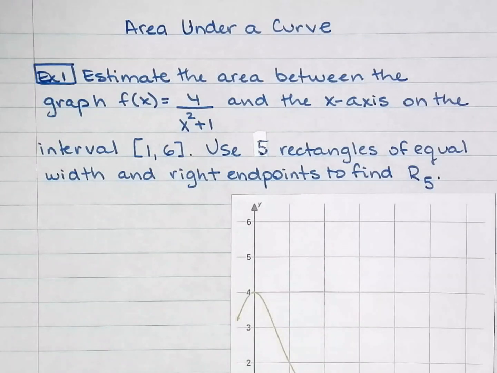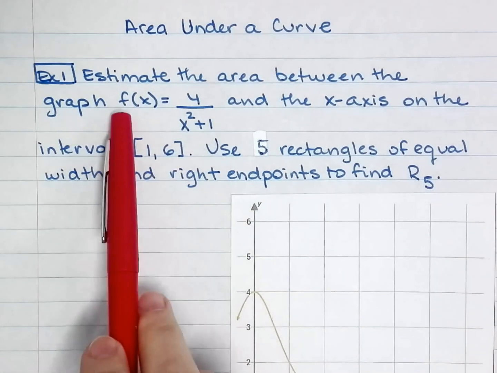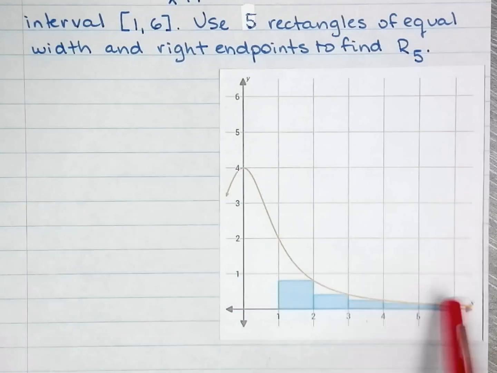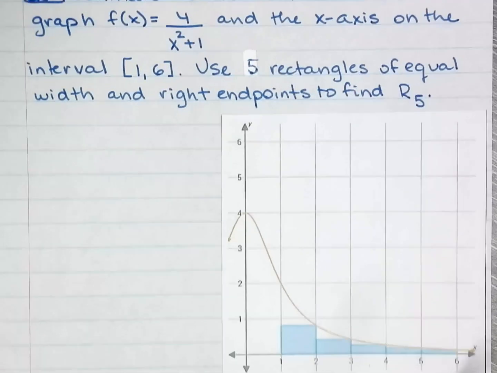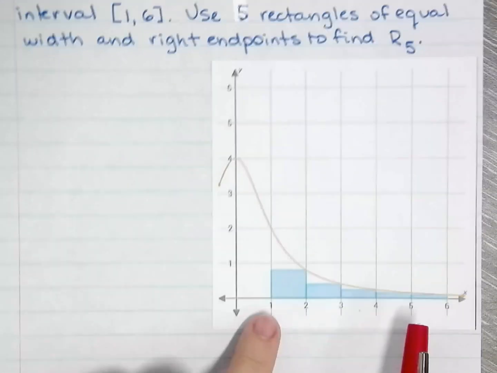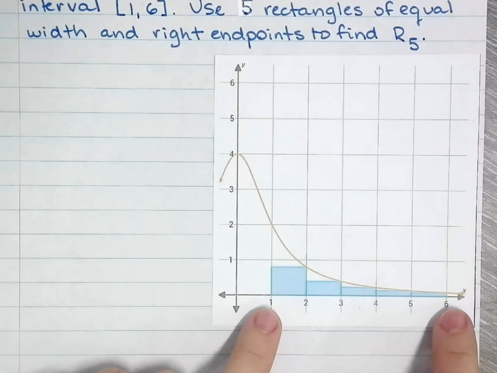Hi guys. Today we're working on area under a curve, and this is just the beginning of integrals. So in this question, we're going to estimate the area between the graph of f of x, that's the graph right there, and the x-axis on the interval between 1 and 6.